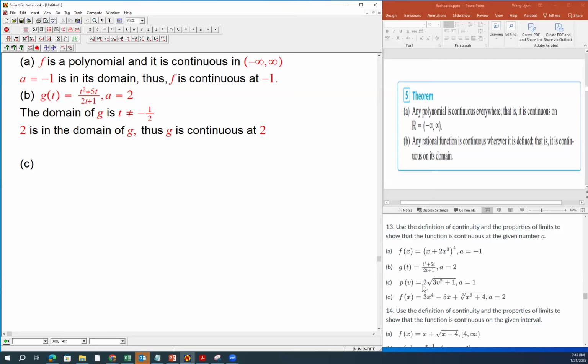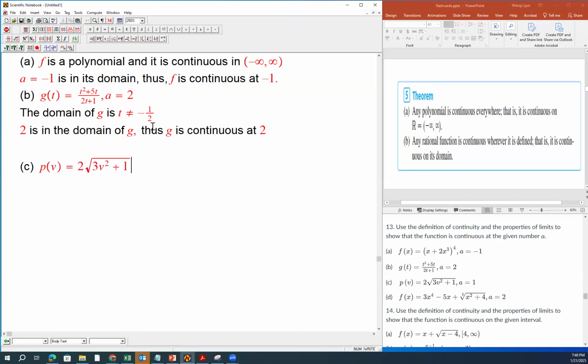On this one, we have a function P of v equals 2 times the root of 3v squared plus 1.